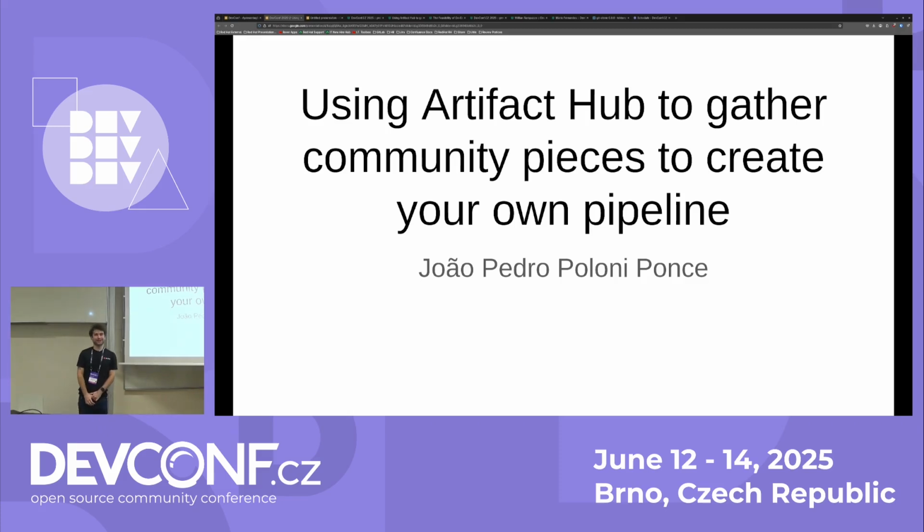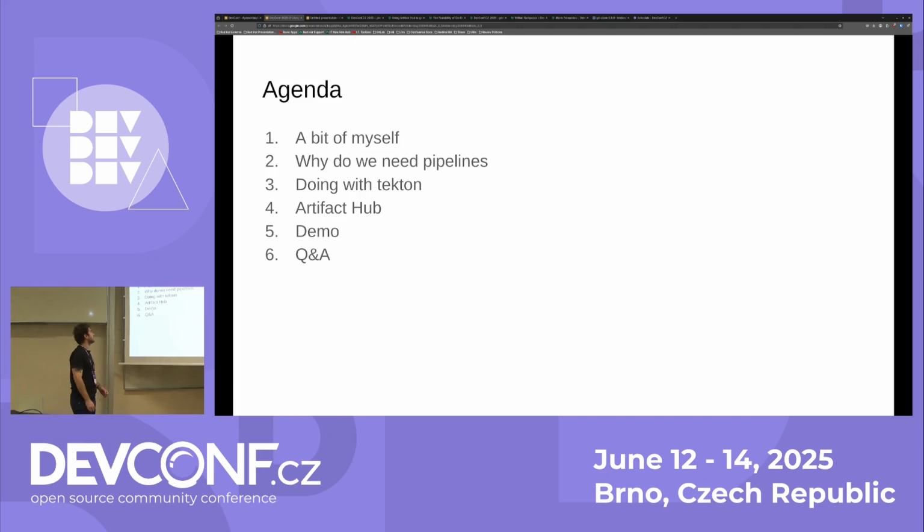Hello guys, I'm here to present to you this lightning talk about using Artifact Hub to gather community pieces to create your own pipeline. So let's do it. Here is our agenda.